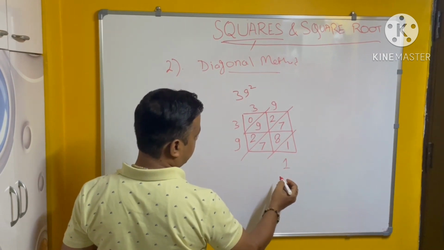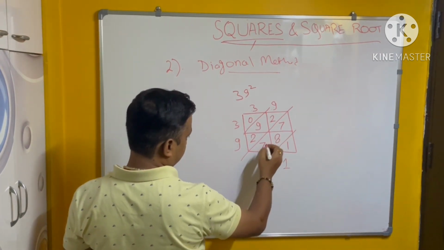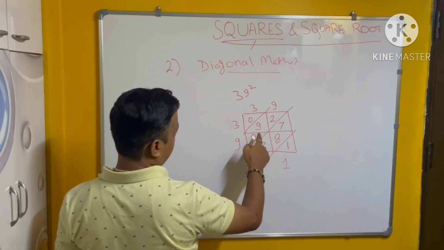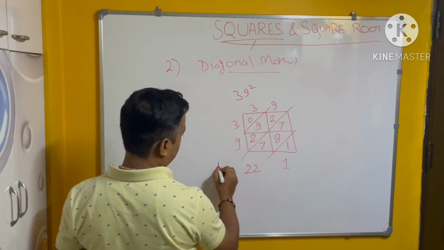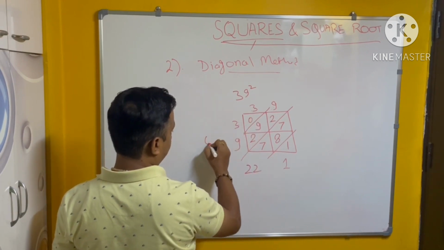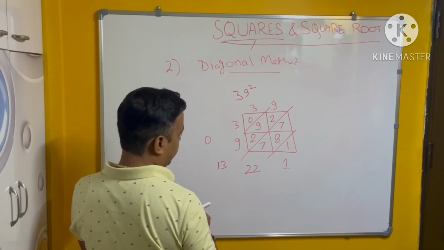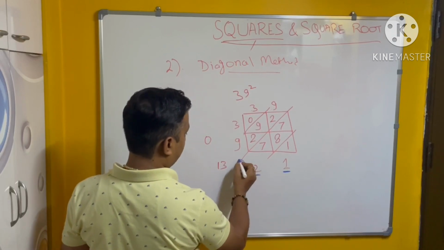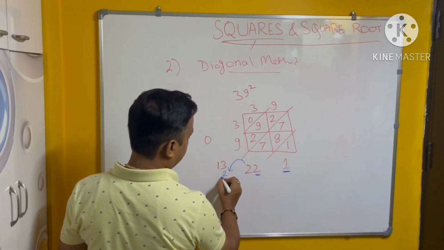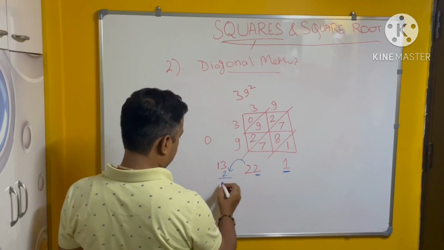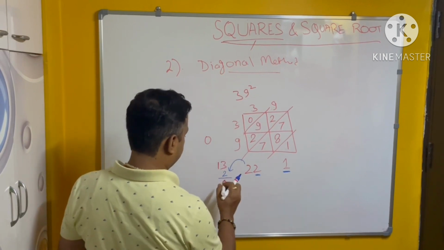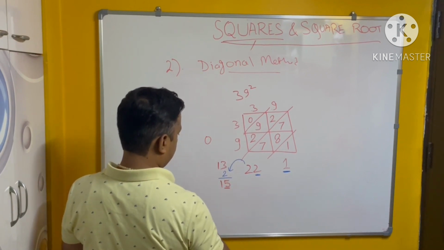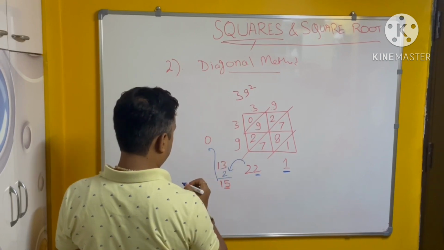So here 1 only. First we will write 7 plus 8 plus 7. Now 2 plus 9 plus 2, 13, 0. We need to take only one digit, and the second will carry forward to the next one. So here 15, and again 1 will go here.